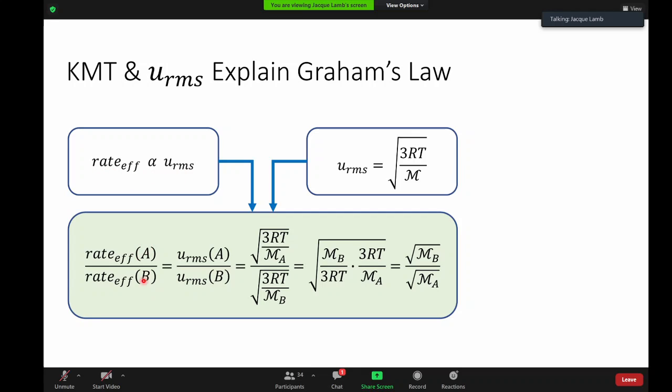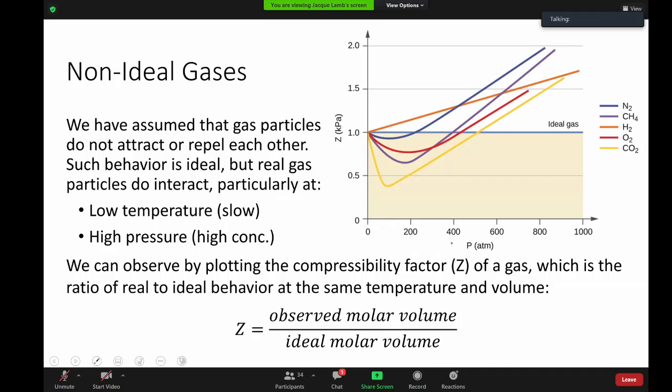When we compare gas A to gas B, we end up plugging in 3RT over molar mass for root mean square speed, and we end up just verifying Graham's law of effusion using KMT. So this is a way of matching our theory to explain gas behavior to the empirical things that we observe for that gas.